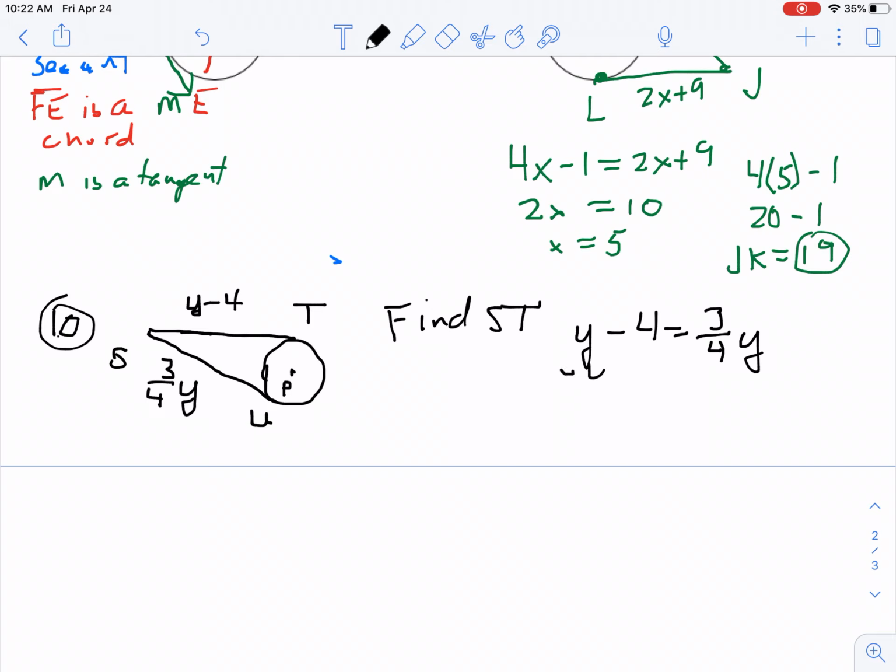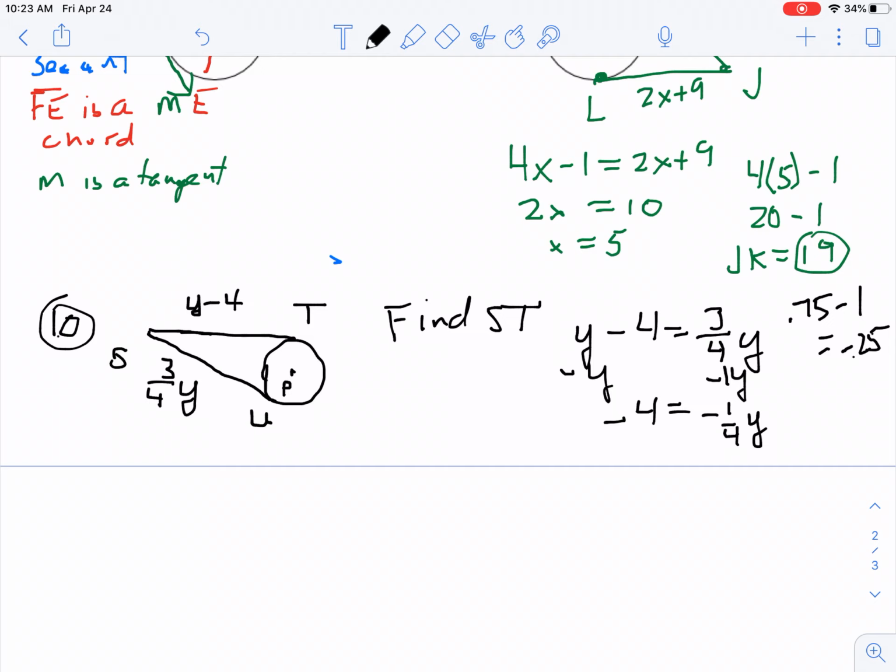So if I subtract y, I get left with a negative 4 on this side. 3/4 y minus 1y is negative 1/4 y. What might be helpful to think of is that 3/4 is 0.75, and 1y is just minus 1. When I do that, I get a negative 0.25. So that's one way to think of that, which is negative 1/4.